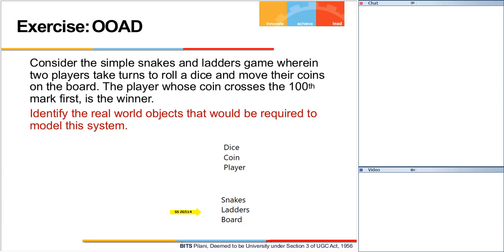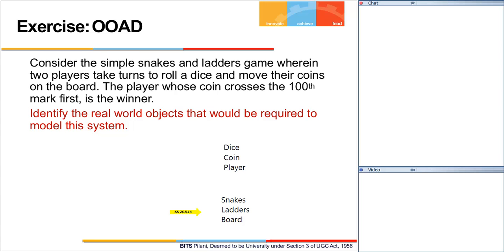And if the coin of a player crosses the 100th mark, then we know that this player has won the game, right? So we definitely need a board. The question is, do we need snakes and ladders? Are the snakes and ladders the real world objects or domain objects in this case? Right? The answer for this case is no.